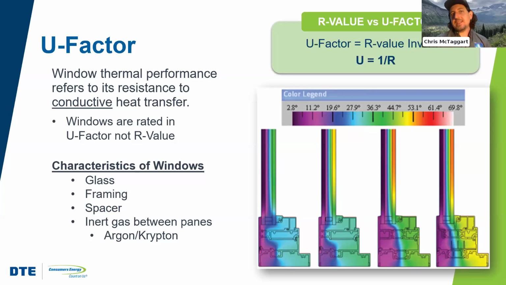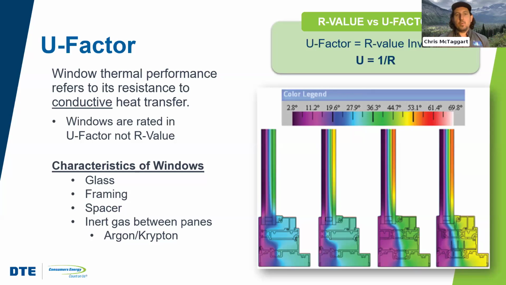So it actually turns out that the glass is almost always more insulative than the frame material. That wouldn't be the case in a single pane window most times, but if you have double pane, triple pane or quad pane windows, then the glass is always going to be more insulative than the framing.